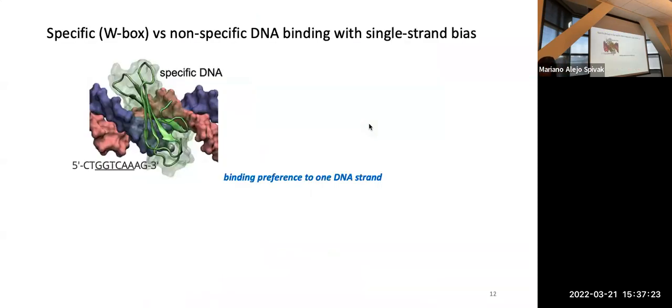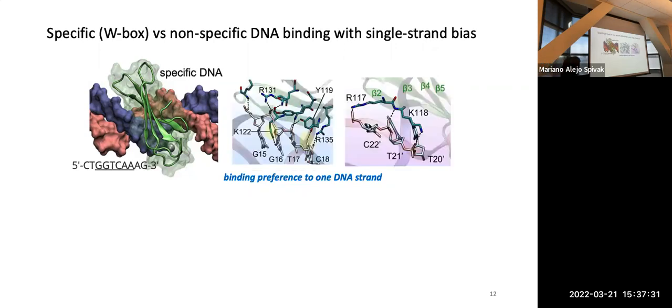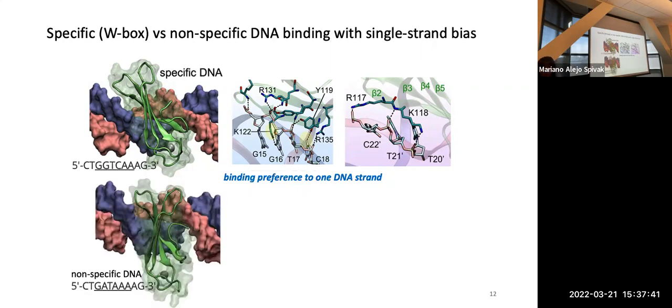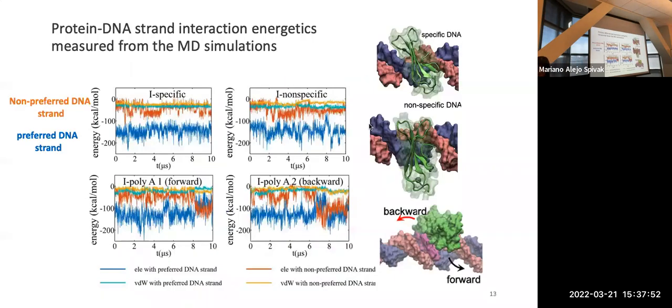Okay, so yeah, then I just want to show the hydrogen bonding here in the specific protein-DNA context. You see actually here, this hydrogen bond formed more on one strand, but not that much on the other strand. In a non-specific complex, where we just change two nucleotides, they have this trend, but less significant, just preferring one strand.